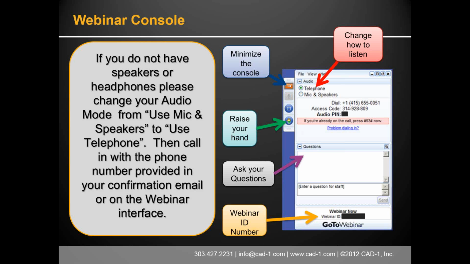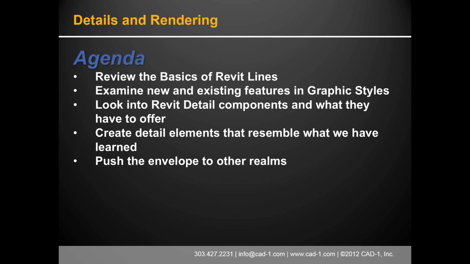The line work is going to be extremely important for understanding what's going on when you're getting into your details, when you're doing things like filled regions and stuff of that nature, because that's going to be the bulk of when you're getting into your details and building up your own stuff. We'll also look more into the detail components, what they have to offer as far as building that framework around, and then after that we'll get into creating elements that resemble what we have learned.